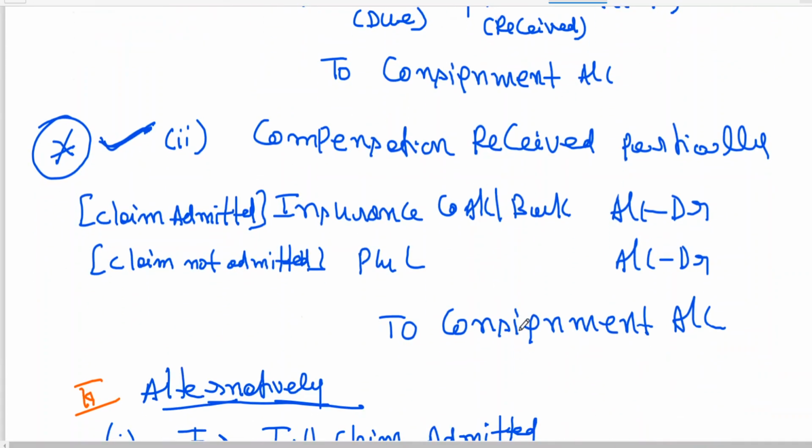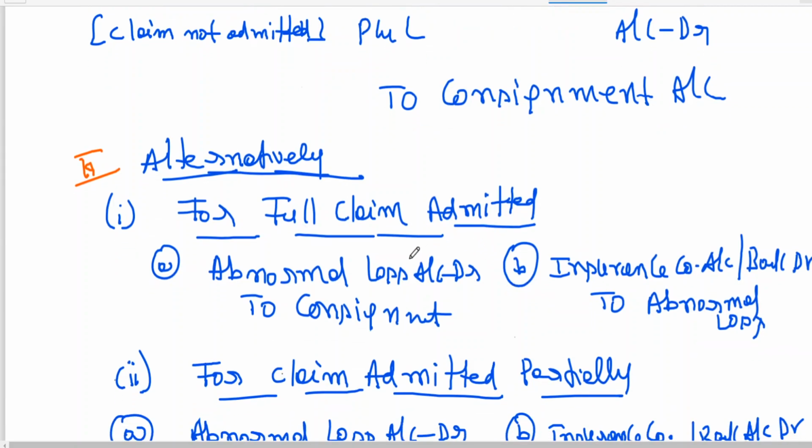Insurance company account you debit when it is due; if you receive the amount, you can debit bank account. This information generally will be provided in the problem. Insurance company account debit and profit and loss account debit to consignment. Alternatively, by opening abnormal loss account, we can do this. For full claim admitted, abnormal loss to consignment.